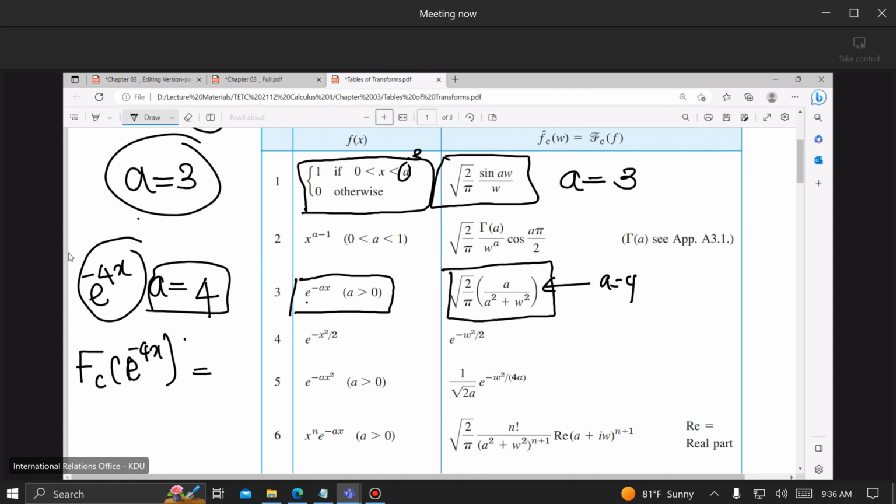Our answer should be square root of 2 over pi, 4 over 4 to the power 2 plus w to the power 2. In this way, you can obtain the Fourier cosine transform of e to the power minus 4x.